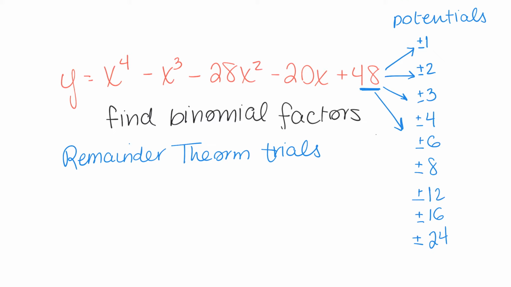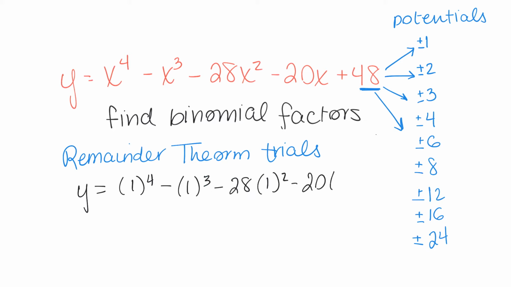So I'm going to plug in 1 for x. So I'm going to say y equals 1 to the 4th minus 1 cubed minus 28 times 1 squared minus 20 times 1 plus 48. I cannot recommend enough that you do not do this by hand. You should take a look at these and do rough estimates and see if it's even worth putting in your calculator.